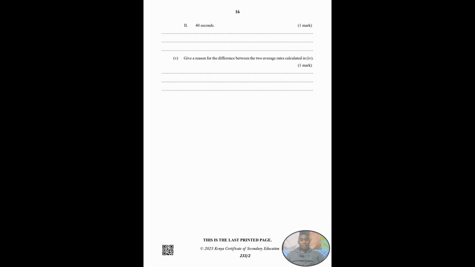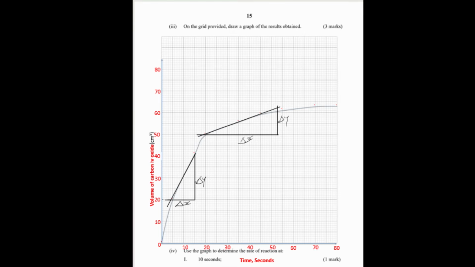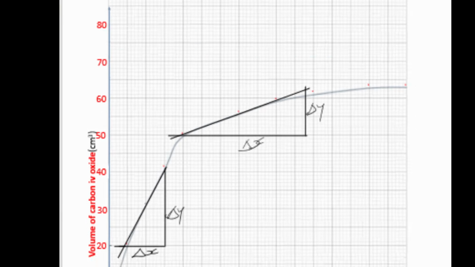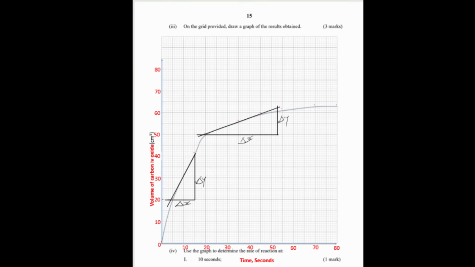And in Roman 2 of the same question, we determine the rate at 40 seconds. Again, when you move in the graph, you locate 40 seconds and you move until you touch the curve, and you draw a tangent, and then you come up with 2 points on the y and x axes, and from there you determine the rate.